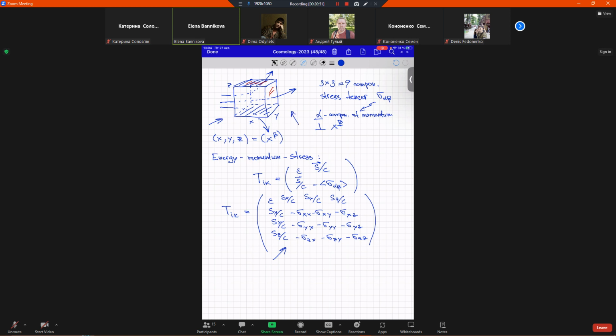So this picture demonstrated. Sorry, can I ask a question? Yes, of course. So for this energy momentum tensor, we have that the 1,1 element, 1,2 and 2,1 is a vector, and 2,2 is another tensor. How does this work? This part, in principle, you just consider as, for example, T00 is epsilon.